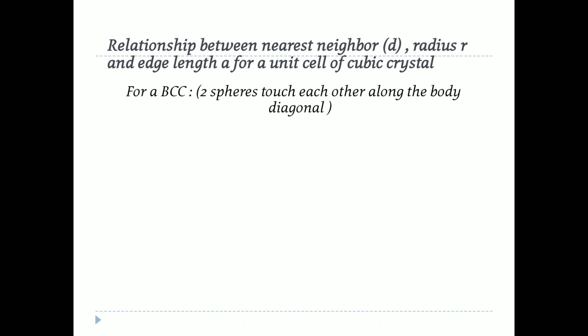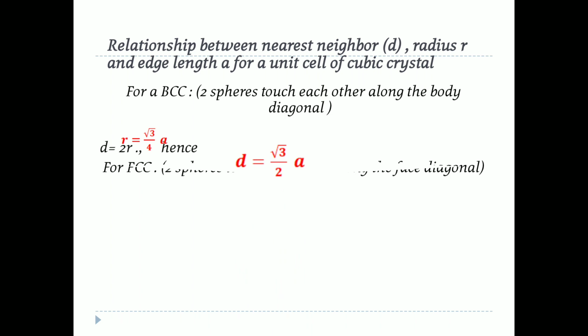Therefore, r is equal to root 3 divided by 4 into A, and since D is equal to 2r, D is equal to root 3 divided by 2 into A. For an FCC, the particles touch each other along the face diagonal. Therefore, r is equal to A divided by 2 root 2 and D is equal to A divided by root 2.